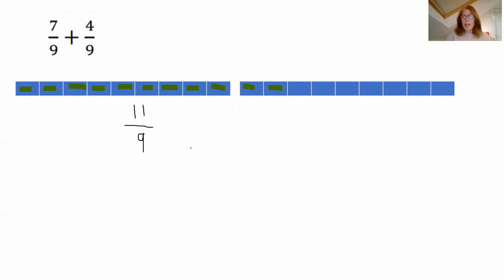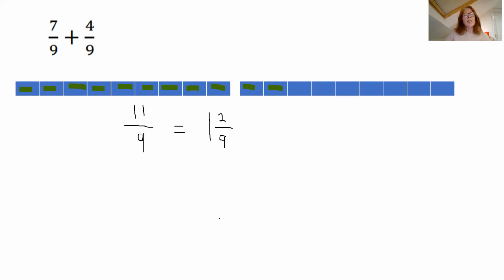But there is another way of looking at that. I've coloured in the whole of this bar. So I have coloured in one whole bar. And on this side, have a look at how much I have coloured in here. I have coloured in 2 parts out of 9. So this is another way I can record my answer. And these are equivalent.